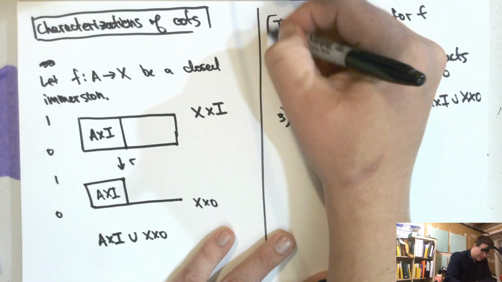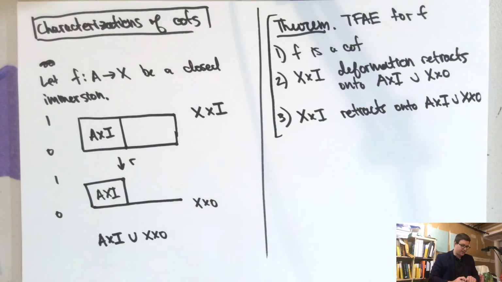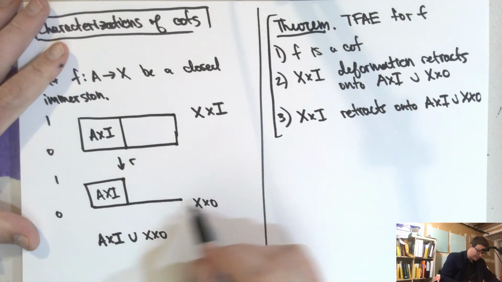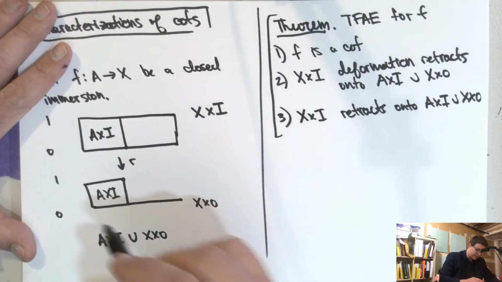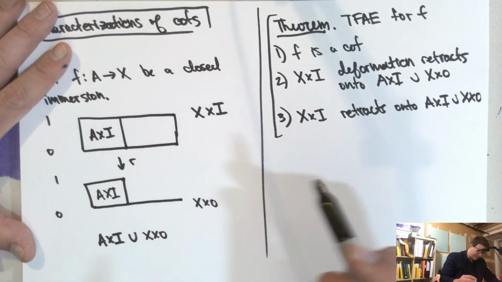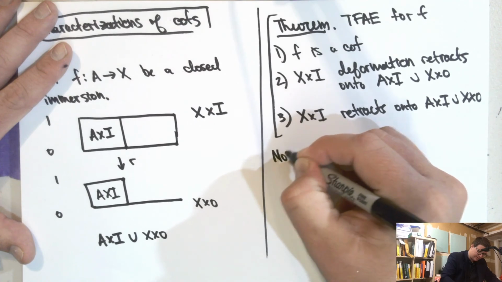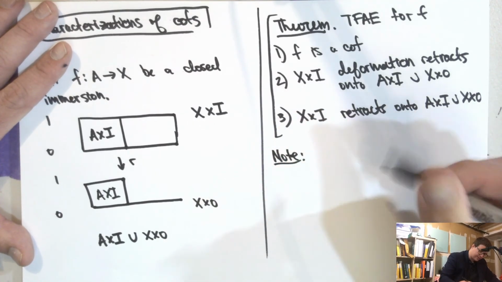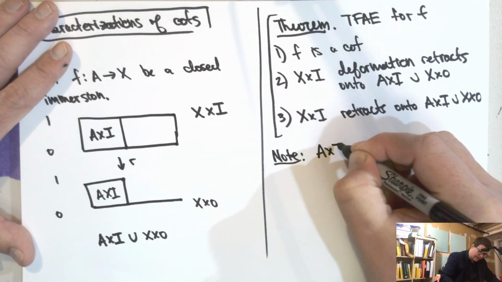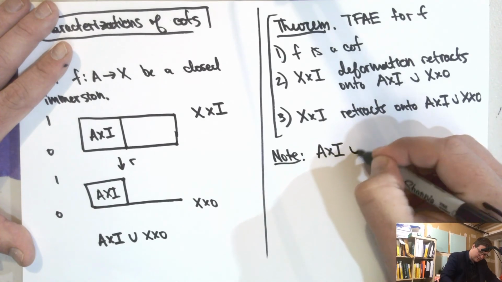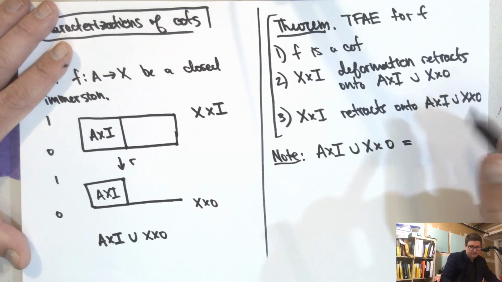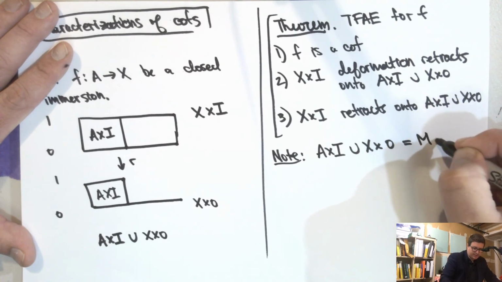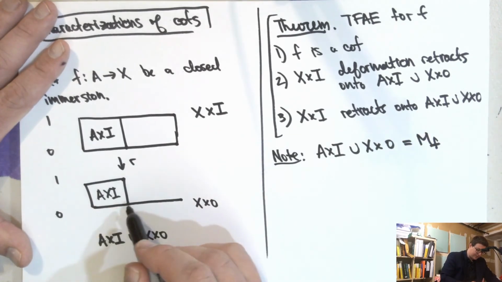Okay, so this is the example of what we have here. Something to observe is that this thing is really the mapping cylinder as well. Note that in this situation, A cross I union X cross 0 is really the same thing as the mapping cylinder. We just have drawn it in a different way.